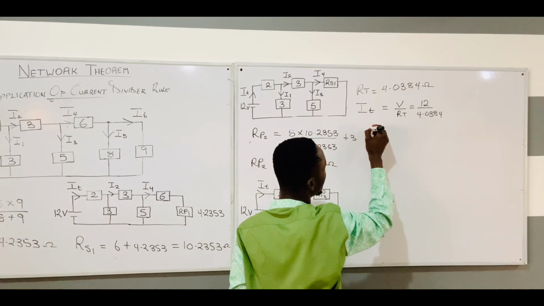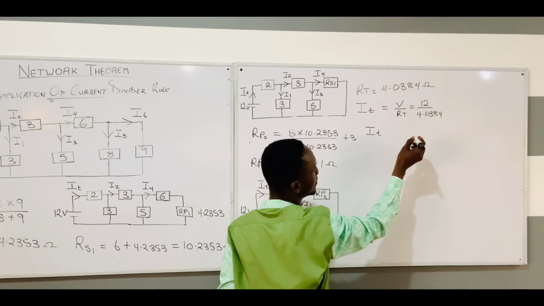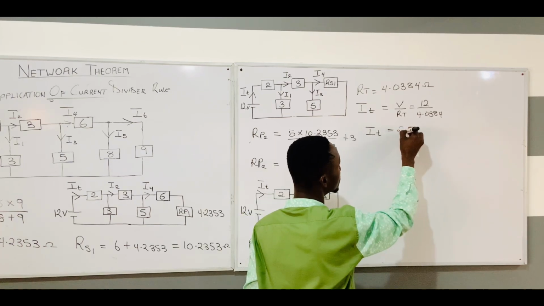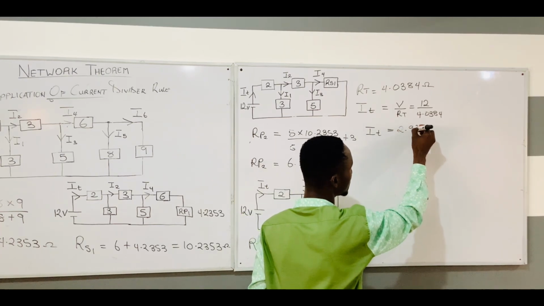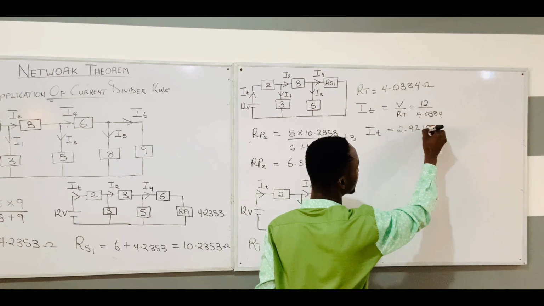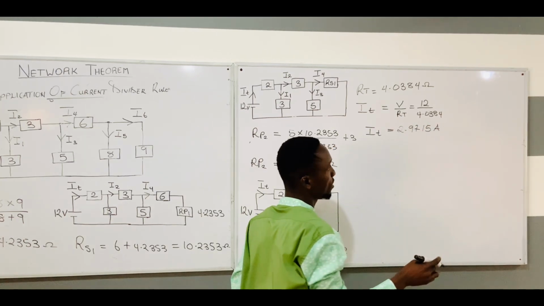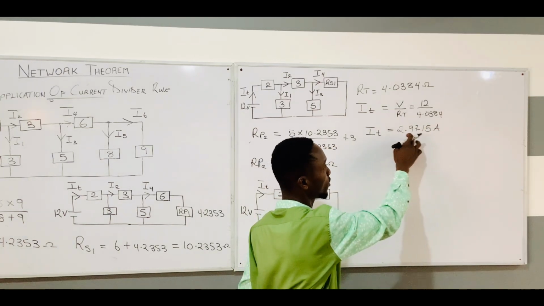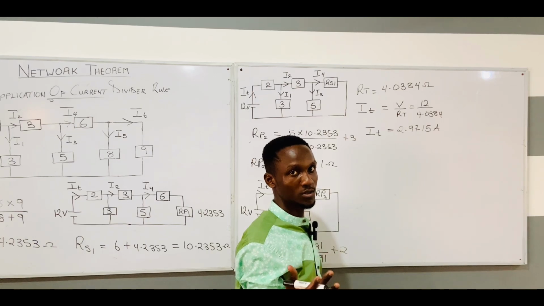So from here, our IT is giving us 2.9715 amps. So now I want you to be leaving the values in 4 decimal places, okay? Because I'll be using it again.